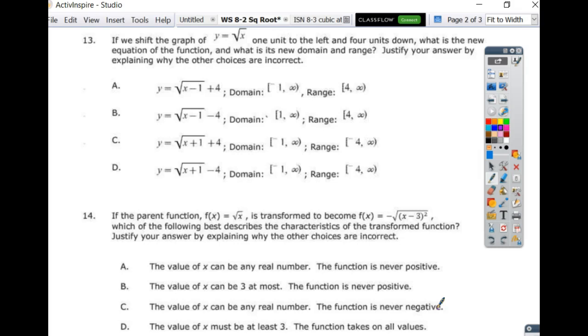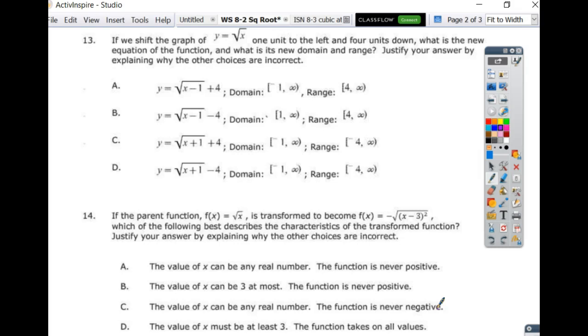So all of that said, just tell me by looking at here, what do we know about the square root function? Underneath here, it has to be positive, right? Because we can't take the square root of a negative. So can x be 2? Because 2 minus 1 is what? Negative 1, right? But what happens here?